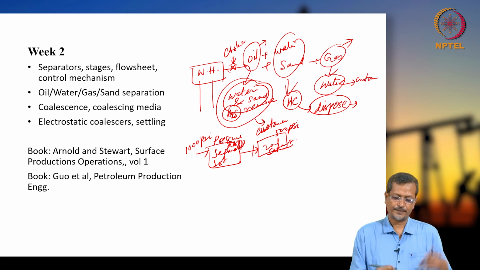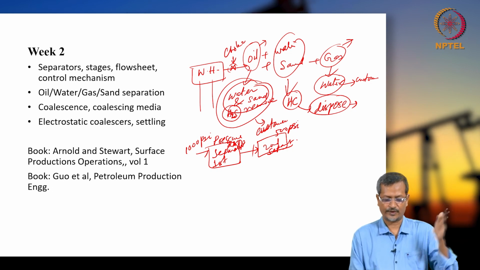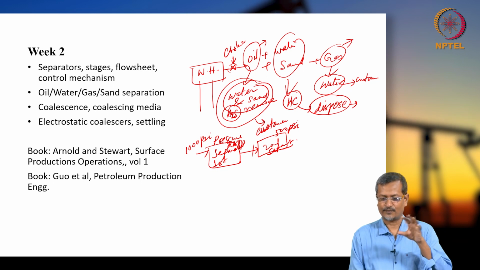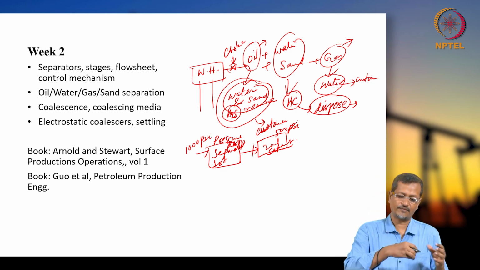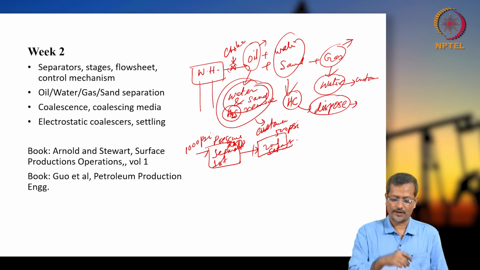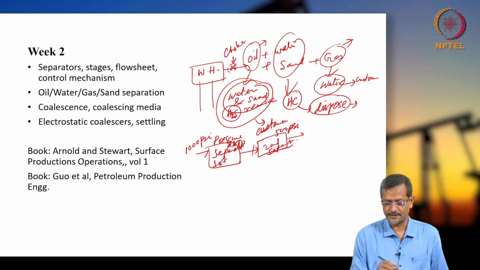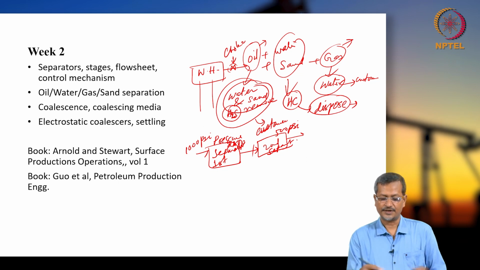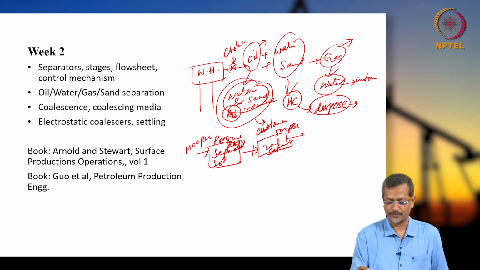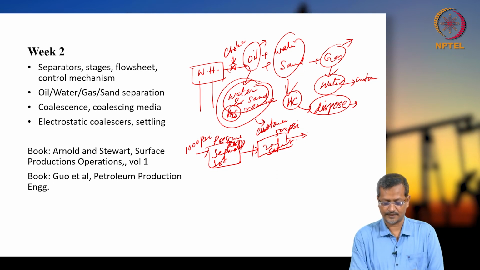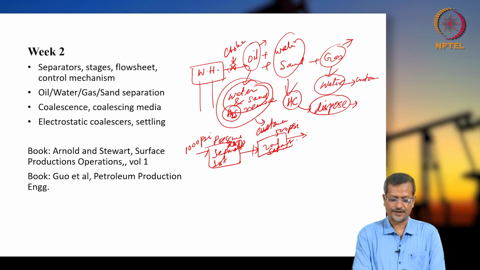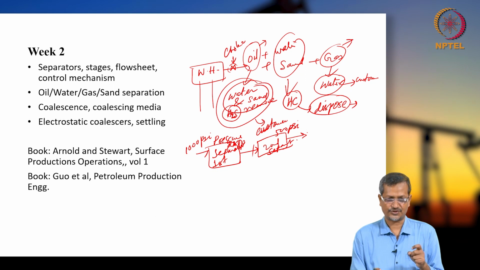Now whenever you are getting any fluid from the wellbore, you are getting a mixture of oil, water, gas, and sand, and because of high pressure, some gas will be dissolved in the liquid or oil. When you reduce pressure, you will get more gas coming out of the wellbore fluid. Another issue is that sometimes there will be an emulsifying agent.